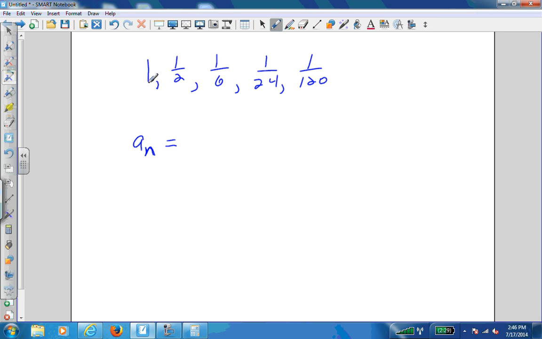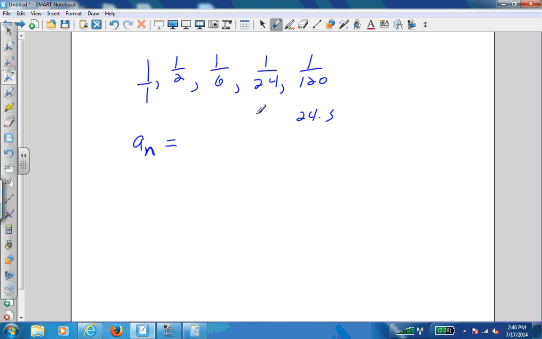So let's see. We have 1 over 1, then 1 over 2, 1 over 6, 1 over 24, 1 over 120. Notice to get from here to here, we multiply times 2. To get from here to here, we did times 3, times 4, times 5. So this is 24 times 5 on bottom.